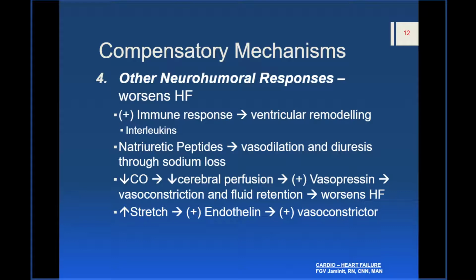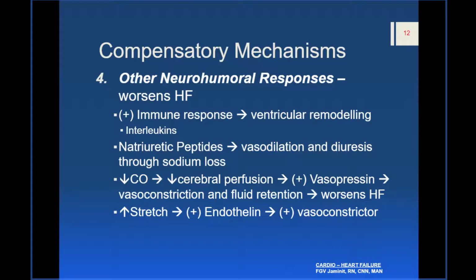Interleukins are actually part of the immune system, a large group of cytokines that secrete proteins and signal molecules usually first seen to be expressed by the white blood cells. However, this group promotes inflammatory responses, therefore it doesn't aid but rather worsens the heart failure.